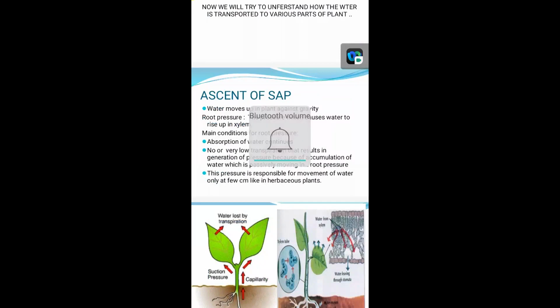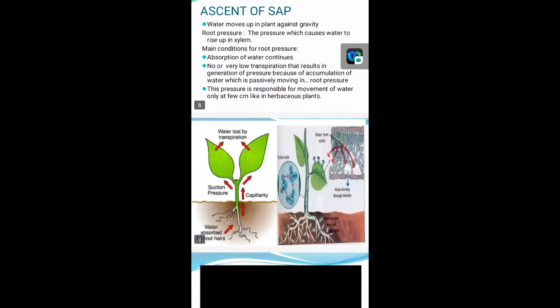Okay. So ascent of sap, that is the upward movement of water. The upward movement of water is done by different factors. The one is the root pressure, and the second one is the transpiration pull. So in root pressure, the root pressure is created.